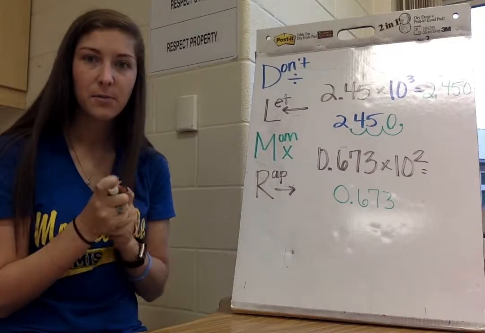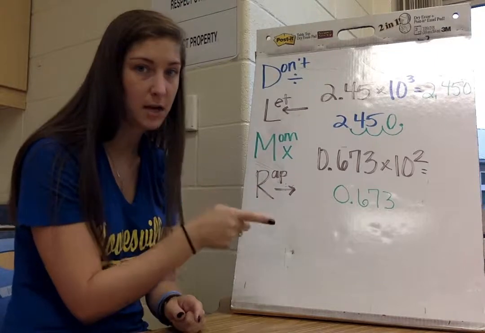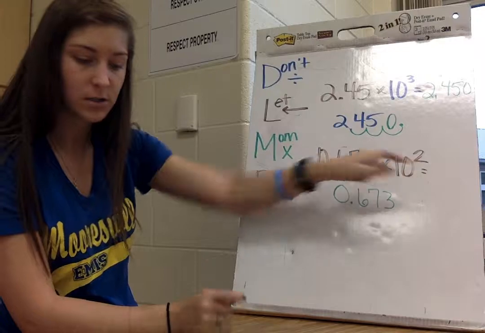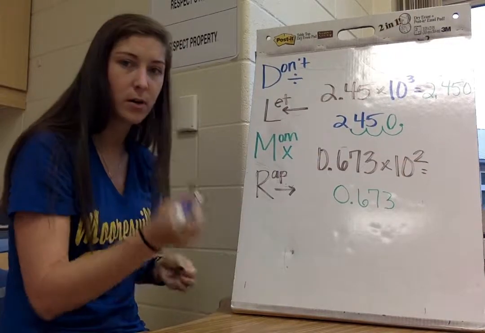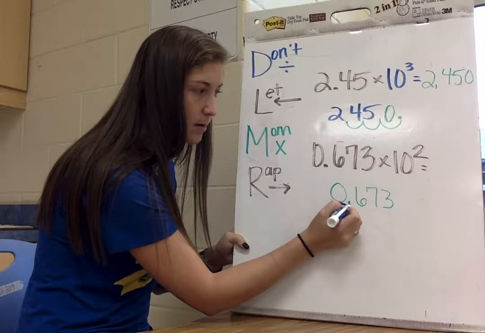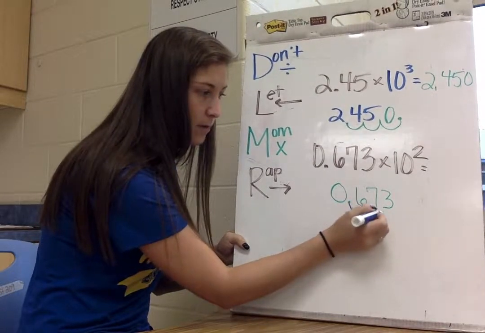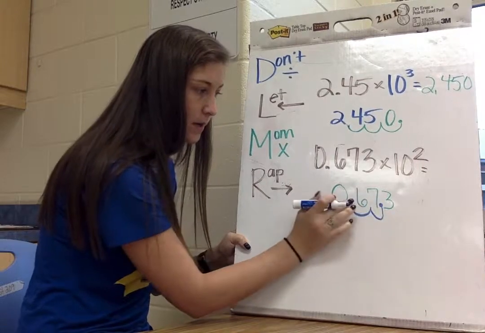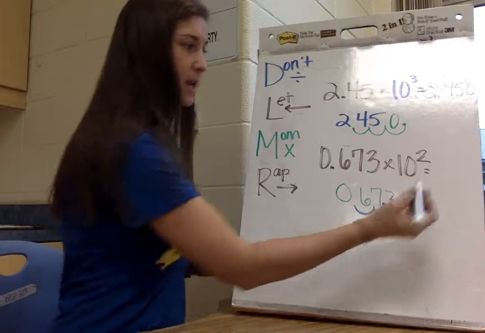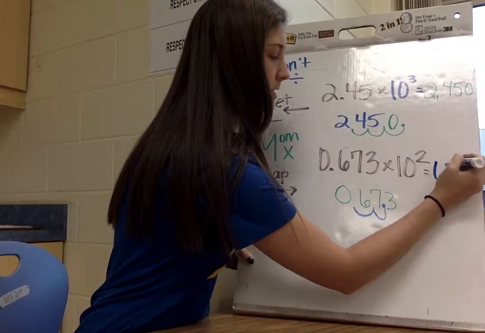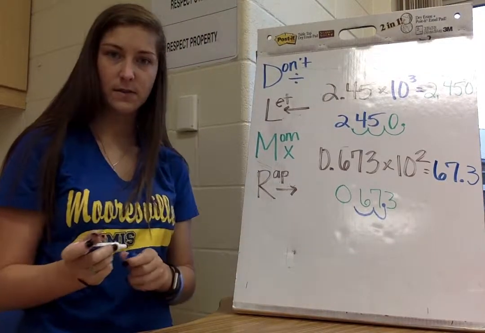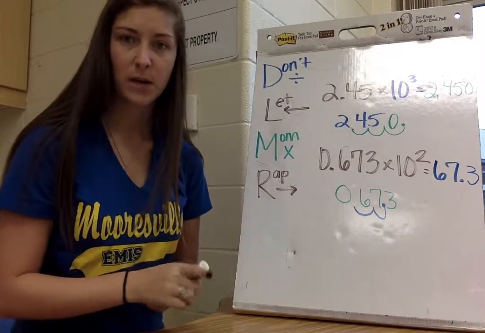Because I'm multiplying, I have to move to the right, and my exponent tells me I have to move it 2 times. With my blue marker, I start at the decimal point and move it once, and twice. There is my new decimal point. Therefore, my answer to this problem is 67 and 3 tenths, or 67.3.